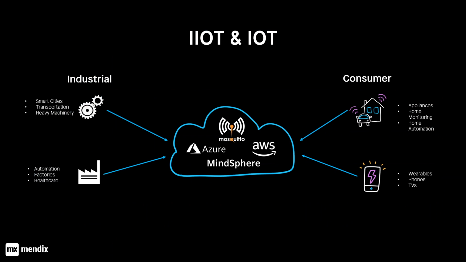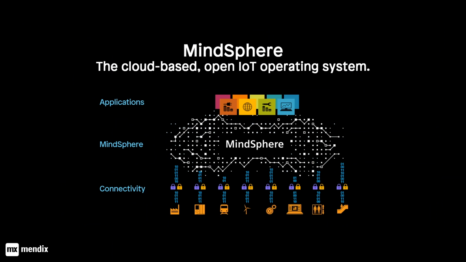And on the right-hand side, we have consumer IoT, which is looking at home automation, being able to look at wearable devices and phones and TVs and how that data can be utilized within a platform. And all of these need to go into a cloud solution, so you can monitor those, you can make smart decisions upon those, whether that be AWS, MindSphere, Azure, or whether you want to use a broker like Mosquitto for your communication between those devices.